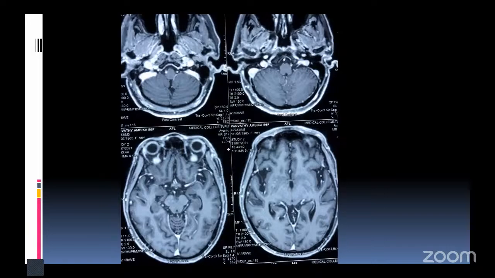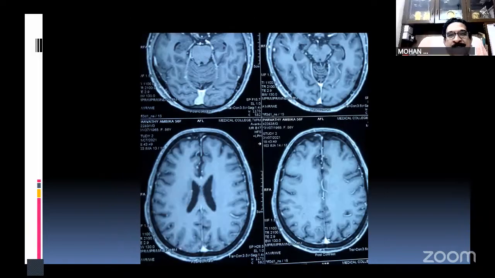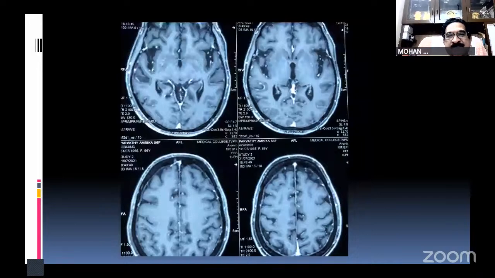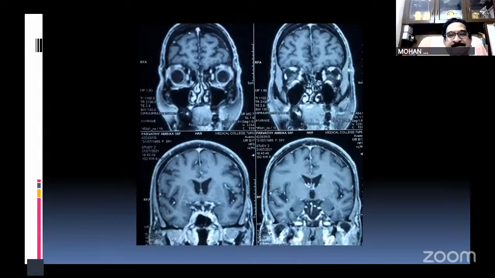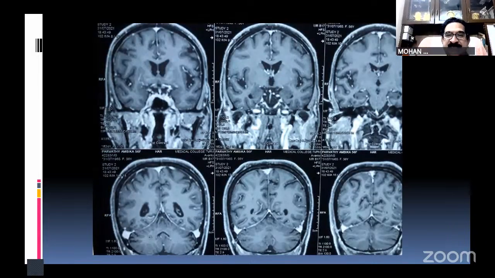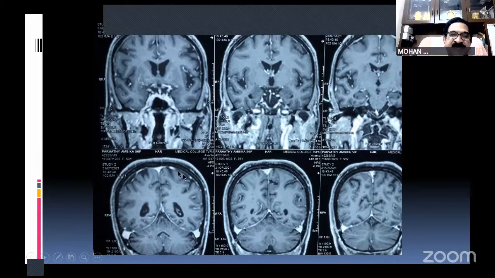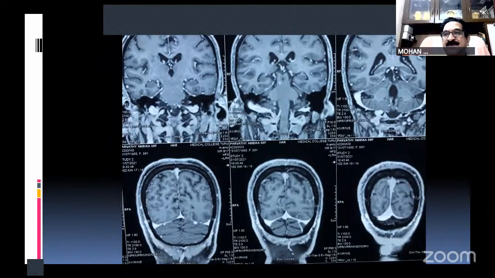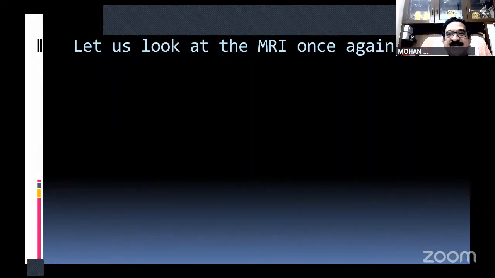I'll come to that. The MRI brain is also done. Meninges also. Patchy enhancement is there, not very convincing. Some areas have enhancement. But what is striking is what Joy has already told you. Look at the MRI once again.